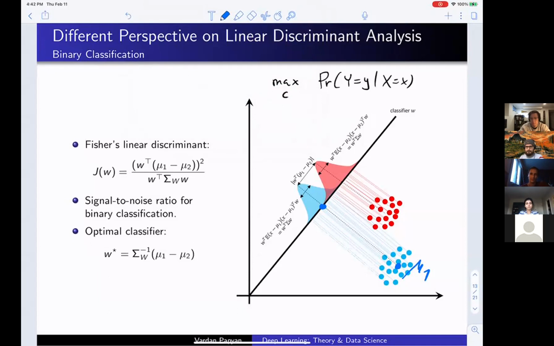Yes, W transpose mu1. Thank you very much. So this would have a mean of W transpose mu1, which is a scalar because this is a one-dimensional distribution.